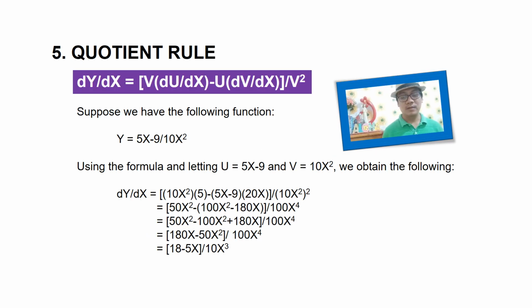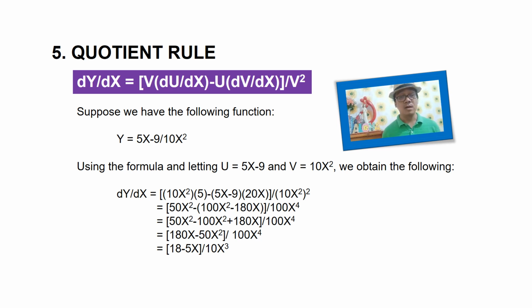Number 5, quotient rule. Given the function y equals u over v, its derivative can be expressed as dy over dx equals v times du over dx minus u times dv over dx all over v squared.